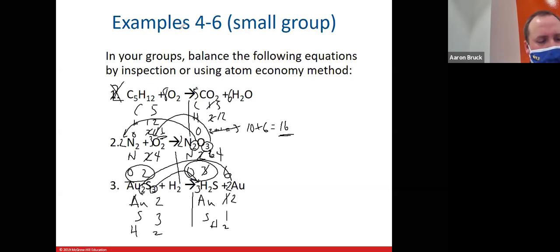I now have 2 golds, 3 sulfurs, and 6 hydrogens. Gold and sulfur are now even. Hydrogen's the only one that is not. A 3 there fixes that. Any questions about these 3 examples?